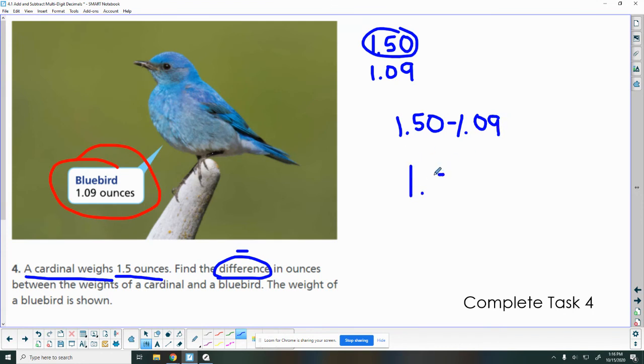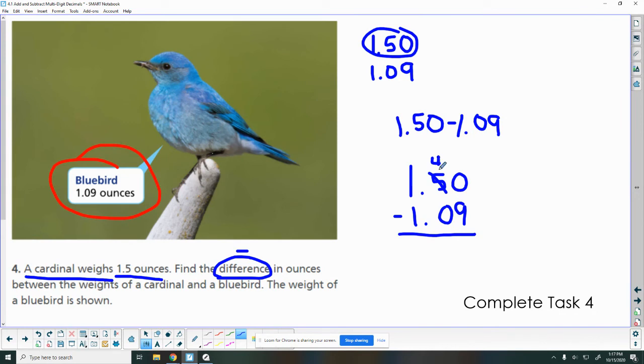So if I do that here, 1.5 minus 1.09, I still have 0 here. So it's very helpful to keep the same number of decimal places. So I like to put that placeholder 0 here to remind me that I have 0. I can't just bring this 9 straight down. That's not going to work. So 0 minus 9, I can't do.